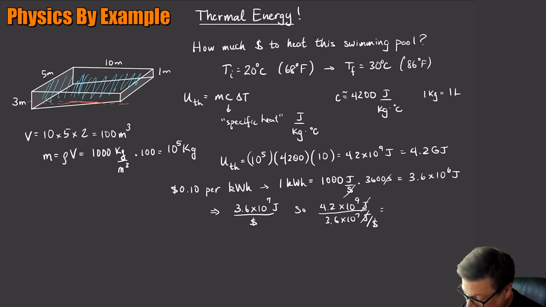Joules goes away. Dollars flip up to the top. And I think if you do this, you get something like a little more than $100. I think it's $117, something like that, to heat up the swimming pool. That sounds like a lot. And it is a lot. Heated swimming pools are sort of a luxury. Yeah, it costs a lot of energy to heat up a pool.